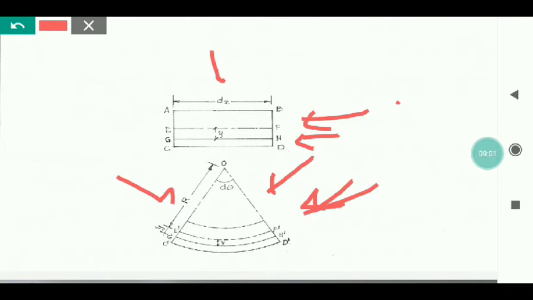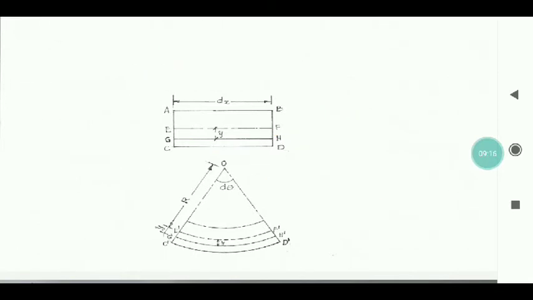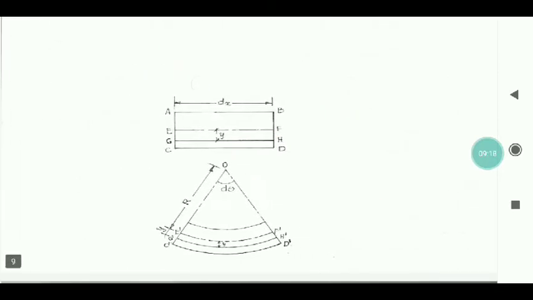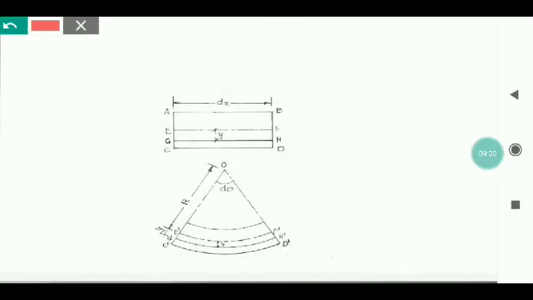Let us select one more fiber called GH, at a distance of Y from the fiber EF as shown in the figure. Hence, in this problem, EF, from here to here, is taken as dx. In the same way, for E dash F dash, the neutral axis, there is no expansion, no contraction.